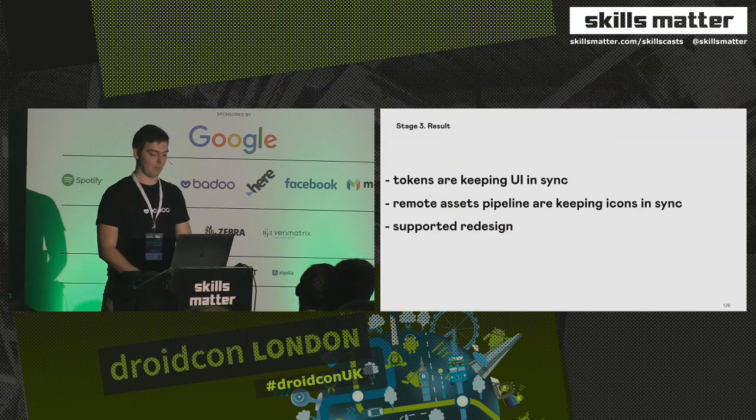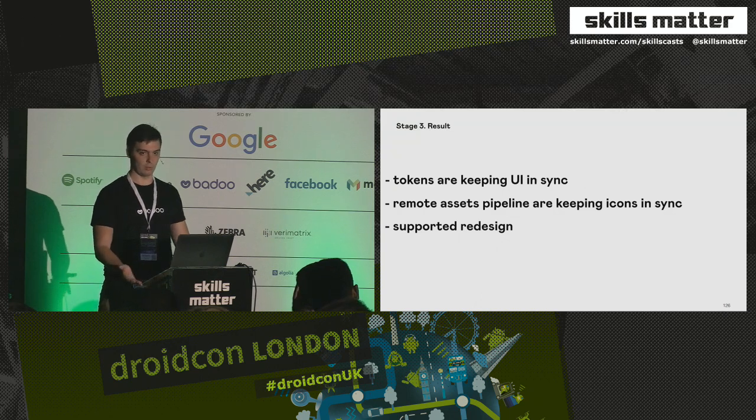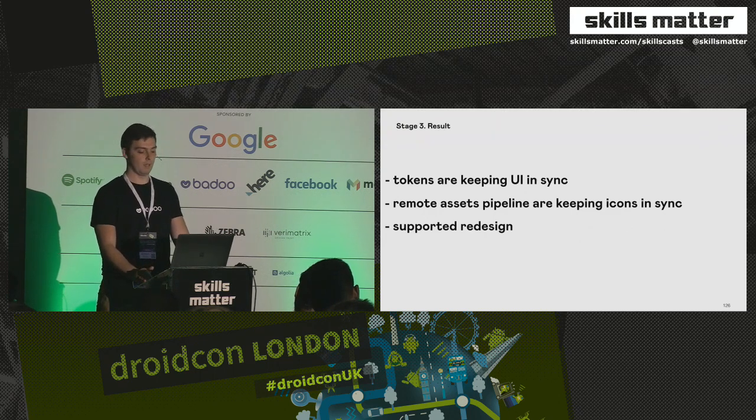And because of tokens, because of the remote asset pipeline, we solved our consistency problem, because all constants and all assets are now located in a single storage, and we just run the script if we need it. And the same thing for all platforms.